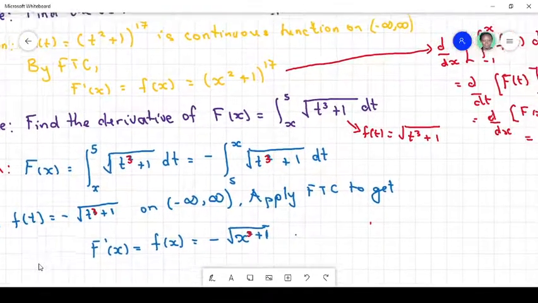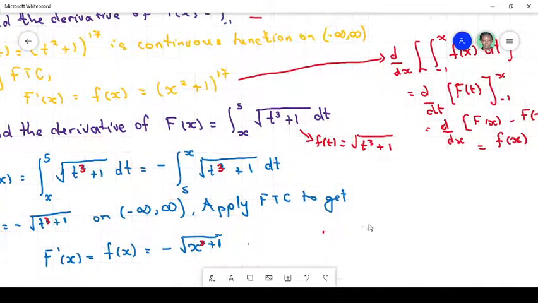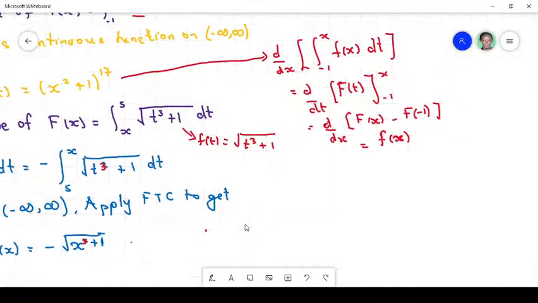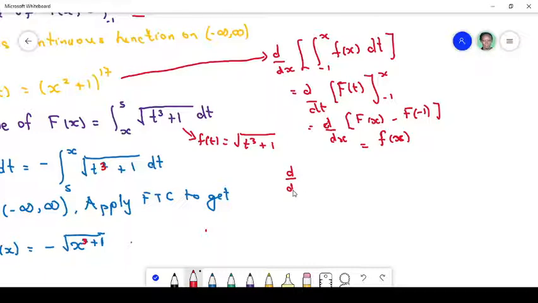If you take the derivative, I have d/dx of the integral from x to 5 of f of t, and f of t is the square root of t cubed plus 1, dt.